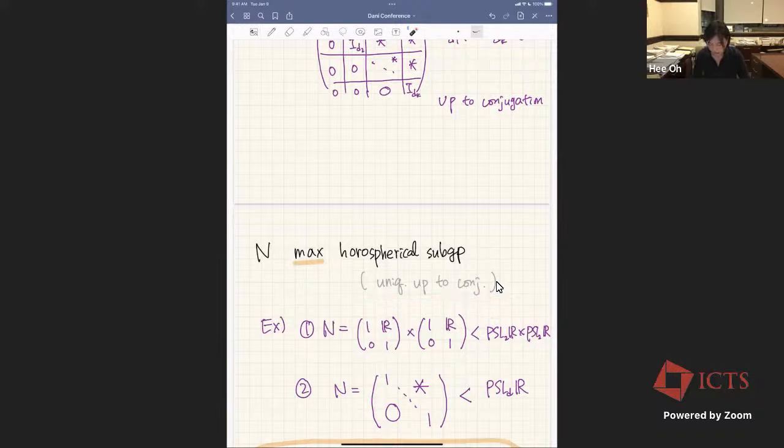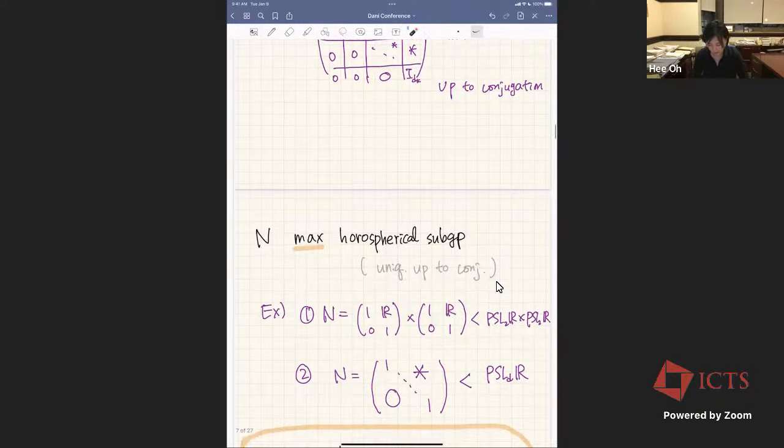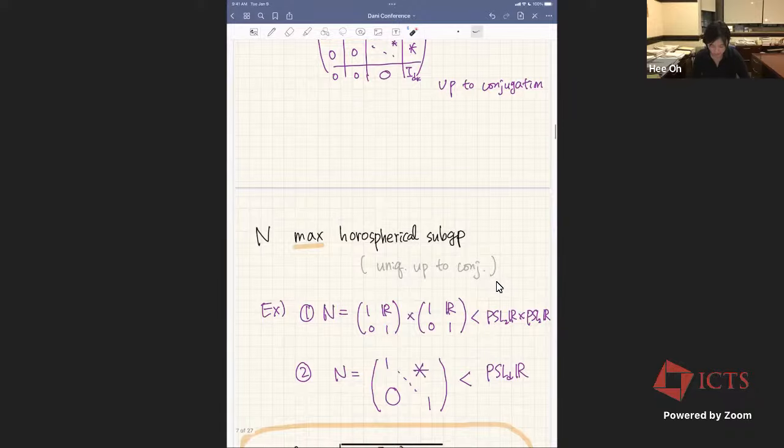As we just saw, in the case of the product of two PSL2Rs, any maximal horospherical subgroup is, up to conjugation, the product of these full upper triangular subgroups. And in PSL_d(R), again, any maximal horospherical subgroup is the full, strict upper triangular subgroup. So a maximal horospherical subgroup exists just one in each G, up to conjugation.